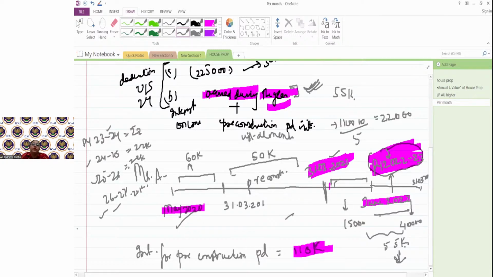And then 1/5 of it would be allowed from the year when the construction was completed and the next 4 years. Every year I will claim the deduction of pre-construction period interest for the 5 years, plus the interest accruing during the year. So in 22-23 the total interest deduction comes to 77,000.